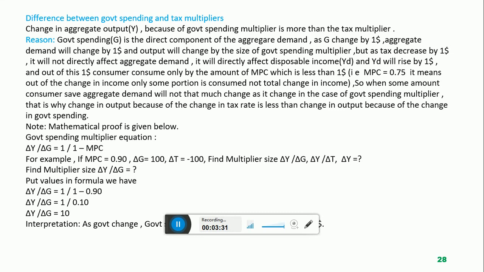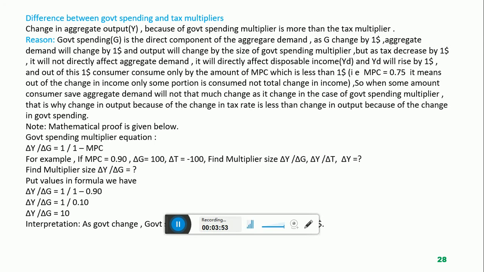But in the case of taxes, tax is not the direct component of aggregate demand. Tax directly affects the disposable income of the people. When the tax decreases by $1, disposable income of the people will increase by $1, not aggregate demand.